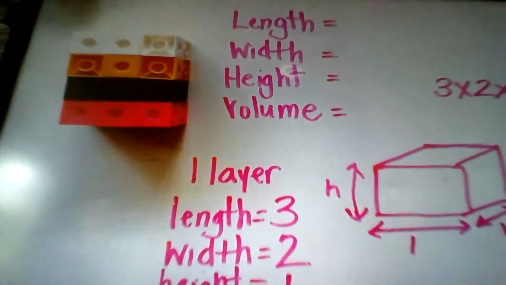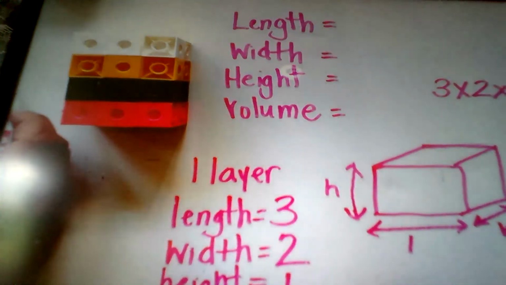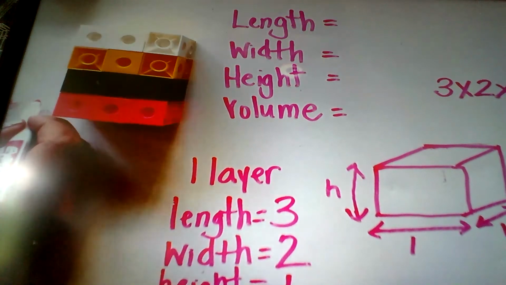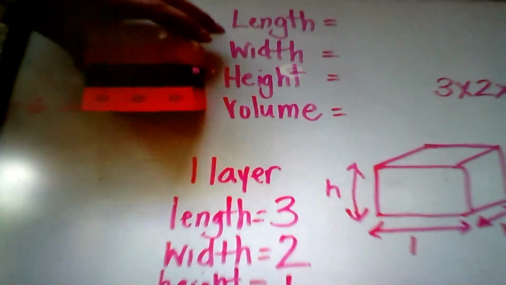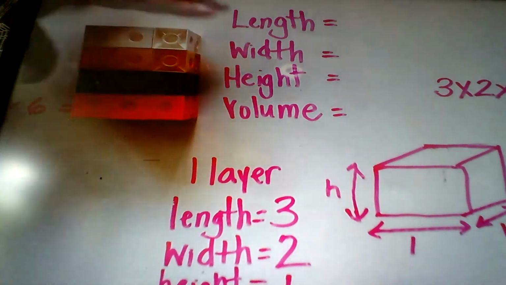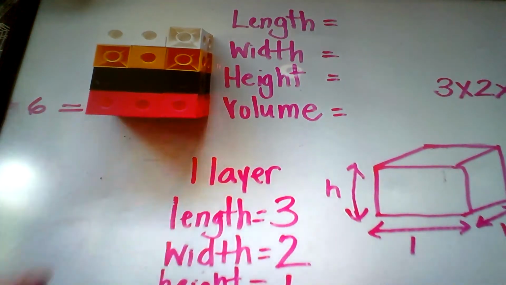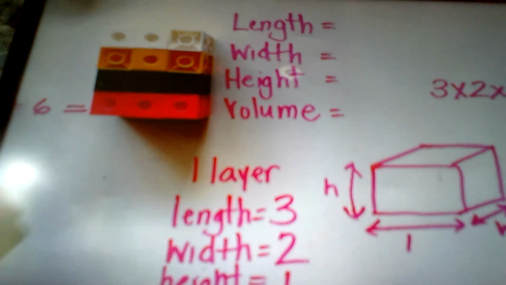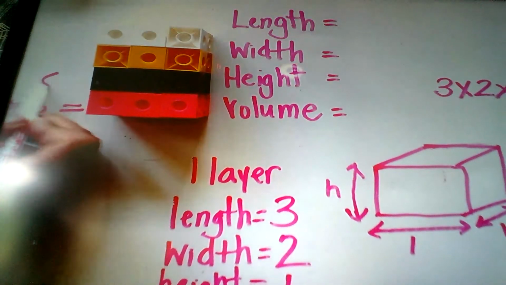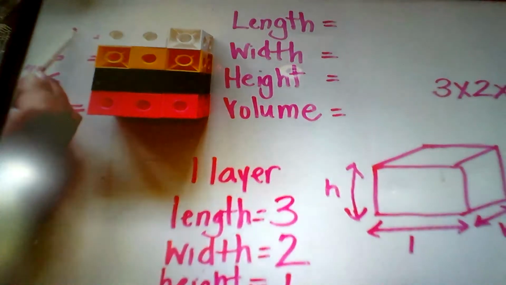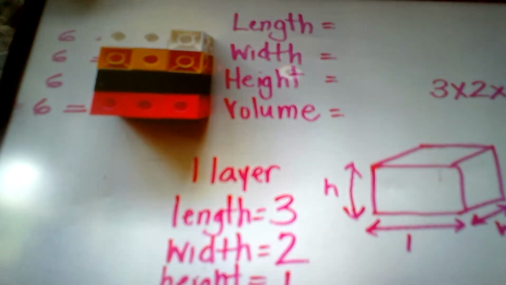Now we know that each layer is equal to 6 cubes. It has 6 unit cubes for each layer. So if there's 6 unit cubes for one layer, then we know each of the other layers has 6 unit cubes. So 6, 6, and 6.